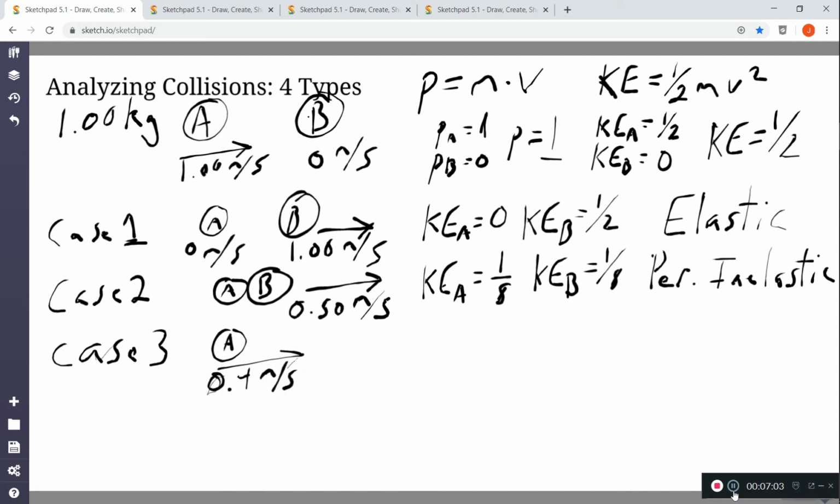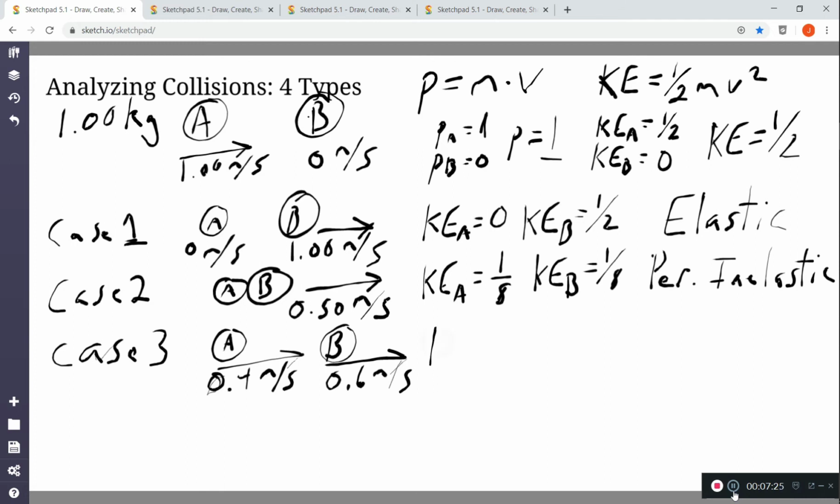And that means that if we want to conserve momentum here, they have to have a momentum of 1. So B would have to have 0.6 meters per second. So this would be a situation where A hits B, A keeps moving a little bit, B ends up picking up most of the velocity.